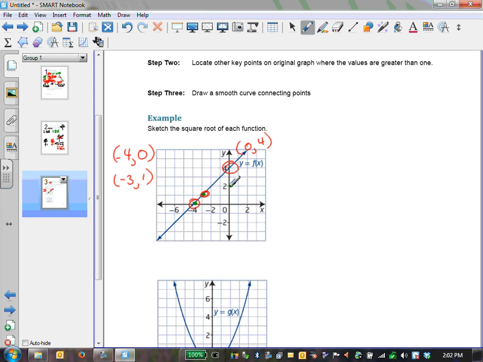Okay, now here's the deal. If we were actually to pick points in between the two invariant ones, where the y values are 0 and 1, you would notice that this comes up slightly above that straight line. Now we could prove this mathematically, or you can trust me.